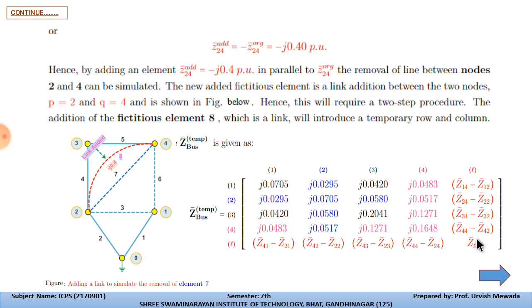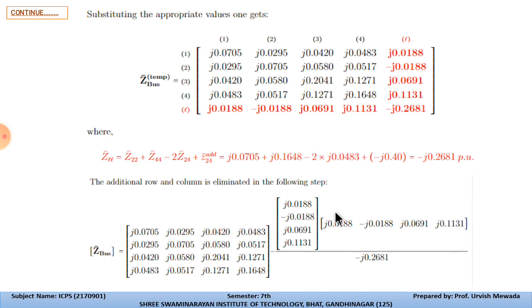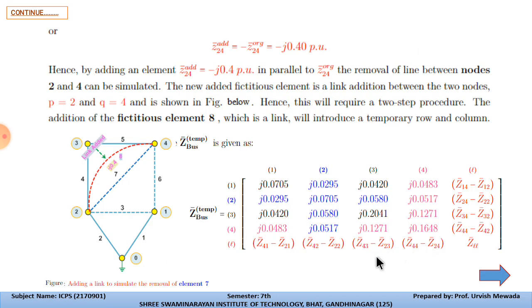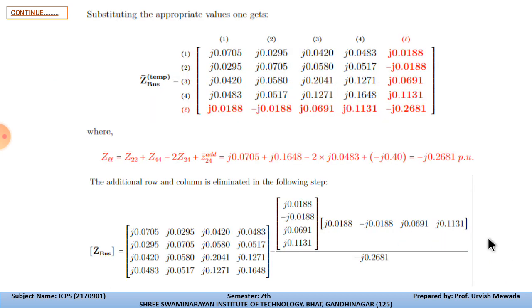So now the formula for ZLL is Z22 plus Z24. So Z22, from here we can find Z22, then Z44 minus 2 into Z24 plus the addition of the link, so Z24 additional.